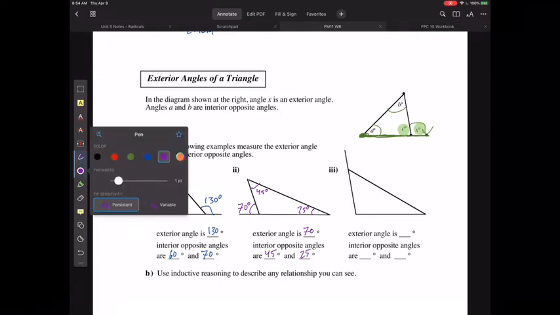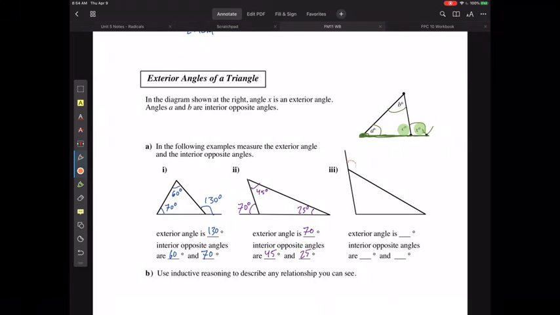And in the last case, here's my exterior angle, and it measures 130 degrees, and my two interior angles are going to be 100 degrees and 30 degrees.